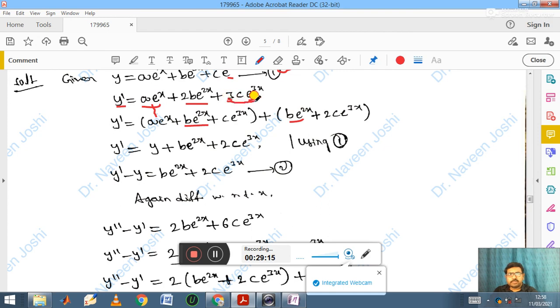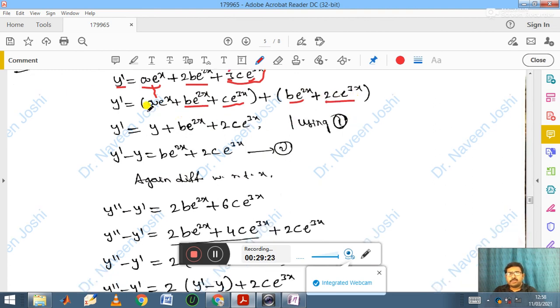Similarly you split 3c e power 3x as c into e power 3x plus 2c into e power 3x. Then in place of this entire thing you can write y by using equation 1.